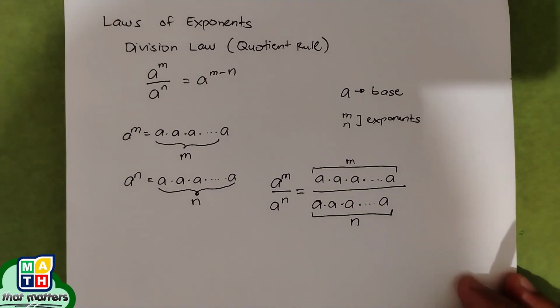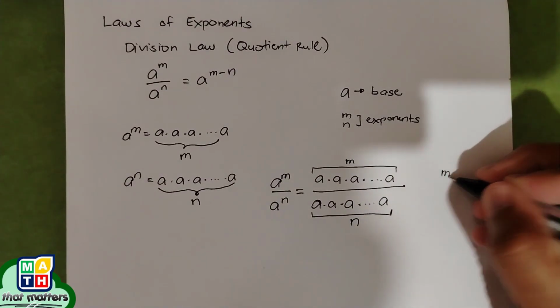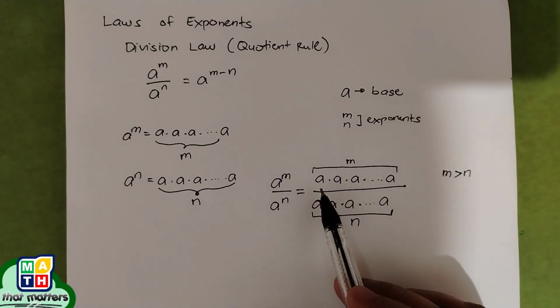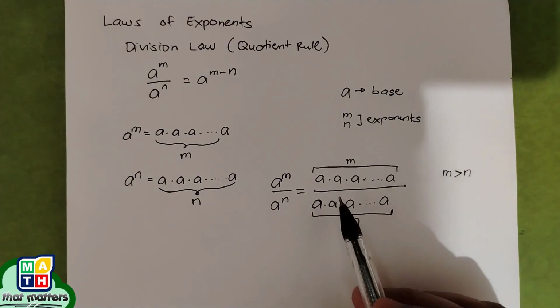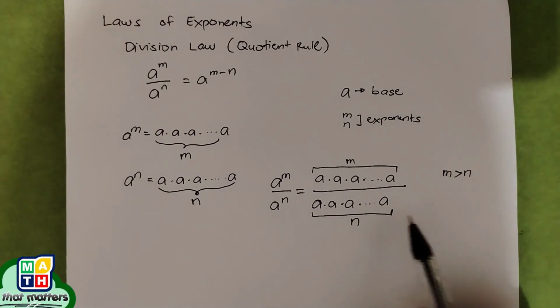Now, there are two possible ways here, but let's use the general discussion where m is greater than n. In short, the number of a's in our numerator is more than the number of a's in our denominator.